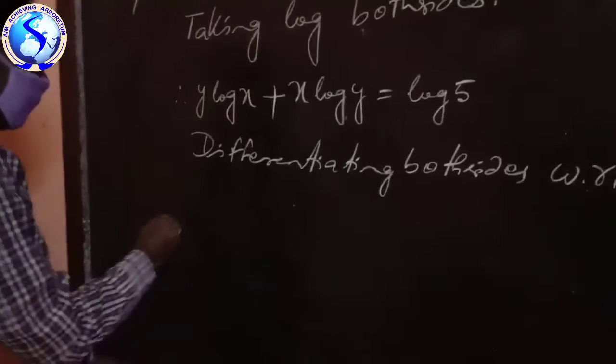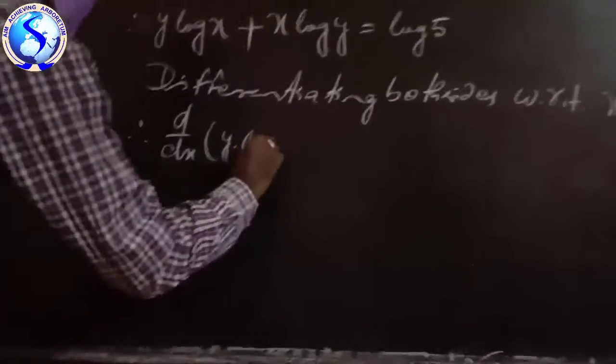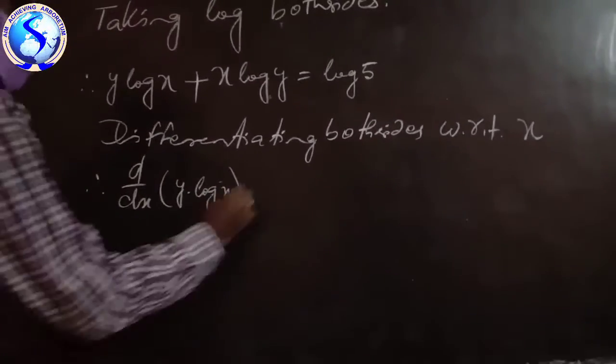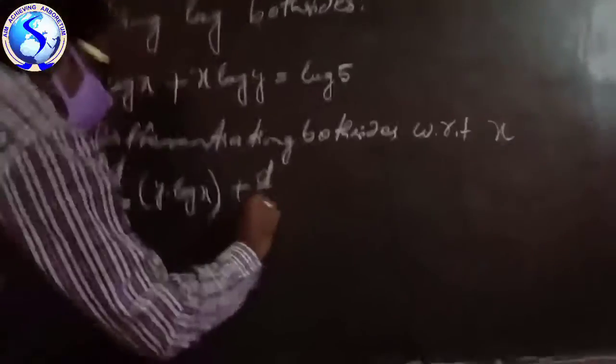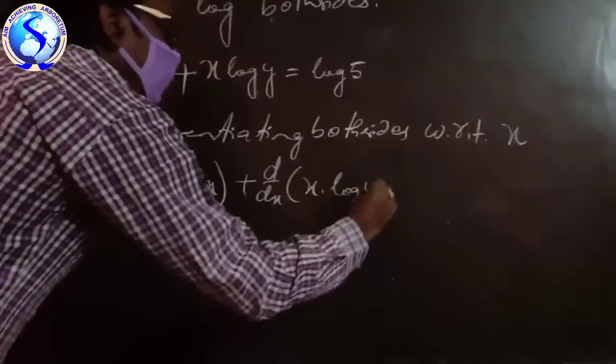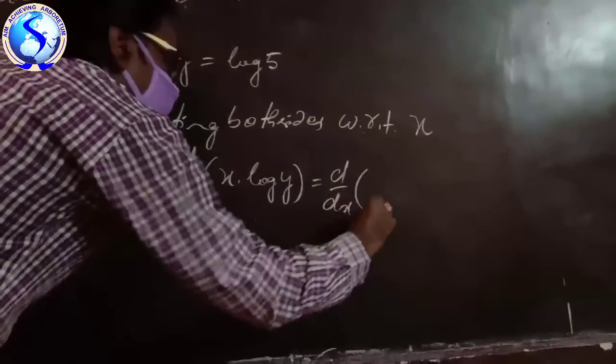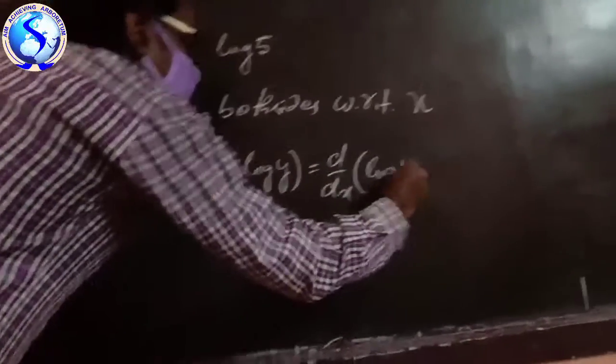So what is the result we will get here? d by dx of y into log x plus d by dx of x into log y. This side also the same thing, d by dx of log 5.